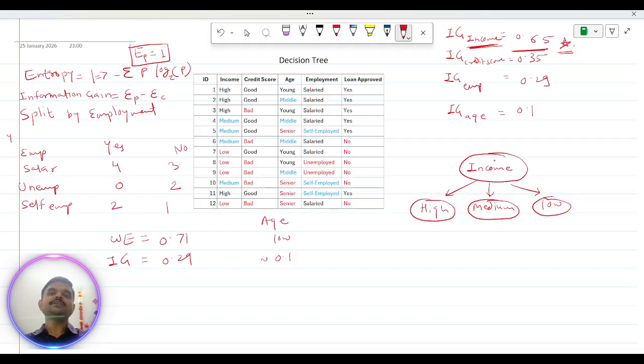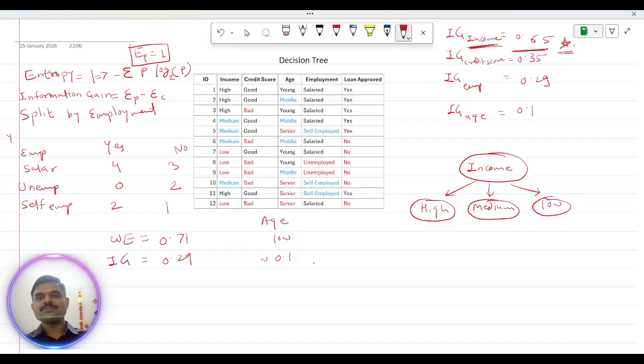Because this decision we take from information gain, a statistical term. The information gain of the income category is the highest, 0.65. That's why we have decided to split through the income section, not through credit score, not through age, not through employment. We decided to split through income because the information gain of that particular column is the highest among all the other columns.